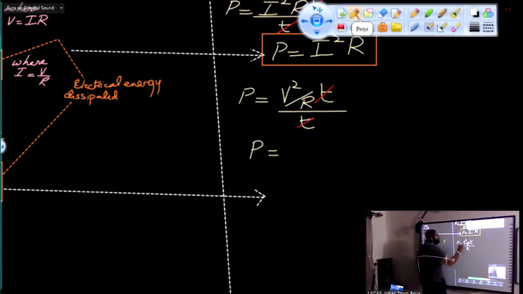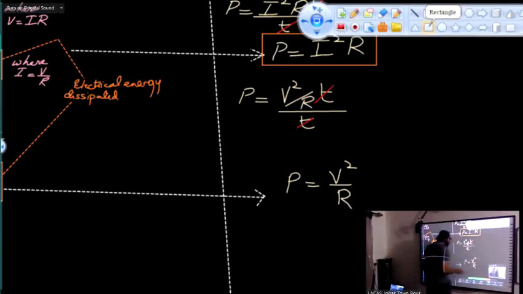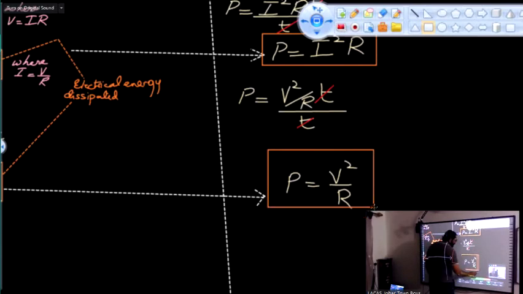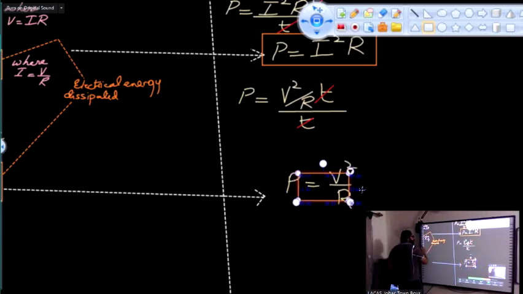Finally, I got the answer as V square over R. So power is equal to V square over R. So these are the formulae for electrical power dissipated. Both the formulae that I'm showing you, I square R and V square over R, are formulae of electrical power dissipated. Now, I'm zooming it.